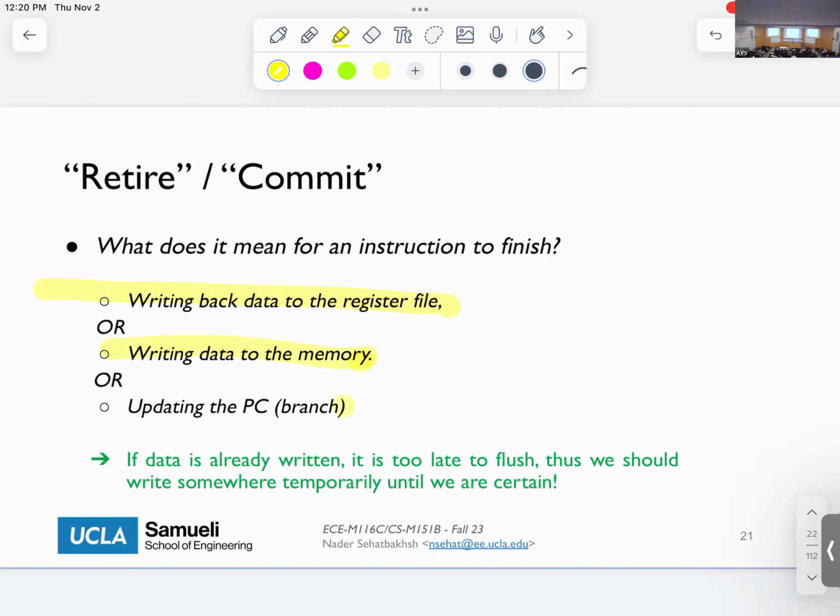Or if this is some form of a control flow instruction, you update your PC. So your instruction finishes by writing some final data to some sort of storage, right? The storage could be your register file, it could be your data memory, or it could be your instruction memory, in other words, PC, okay? We call this writing to the architectural state.